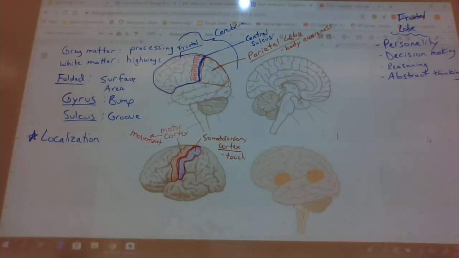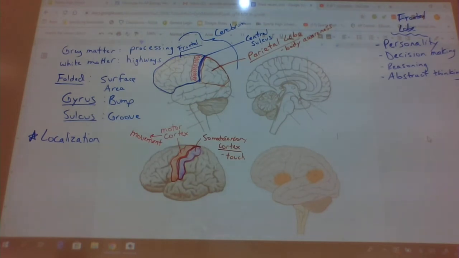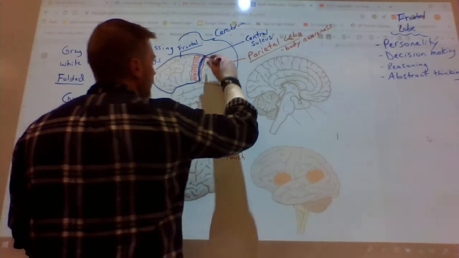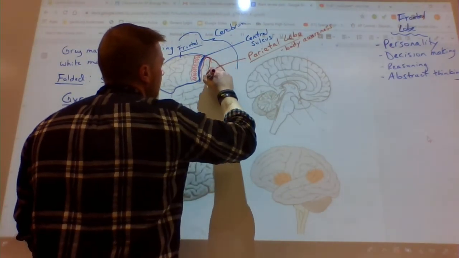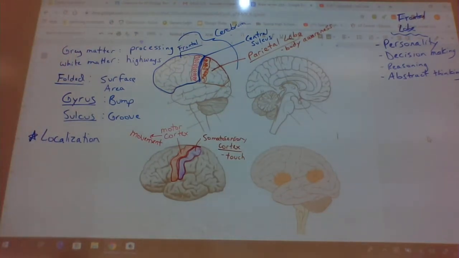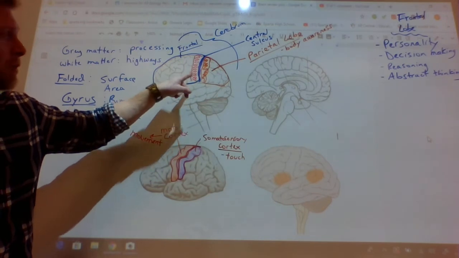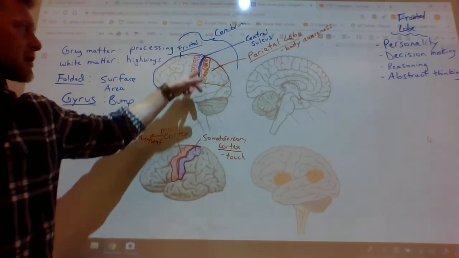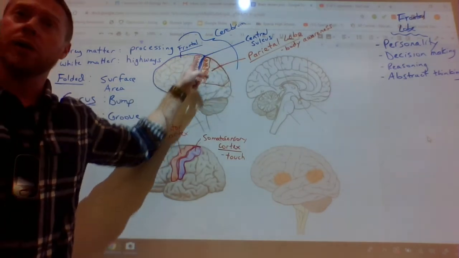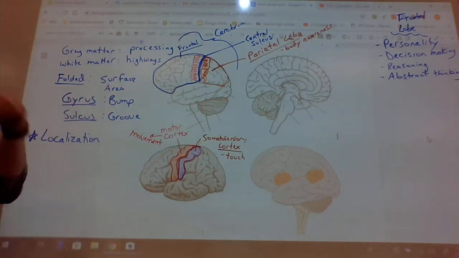That is all in the sensory or the somatosensory cortex. And again, that is the very front of your parietal lobe. So again, if you're looking at this top picture, it would be right here. Right? This would be your somatosensory cortex. So your sensory cortex and your motor cortex are separated by your central sulcus. Do we all see that? All right, good.